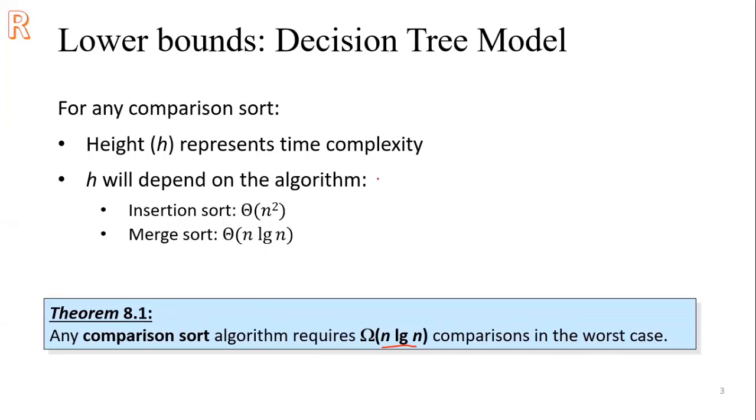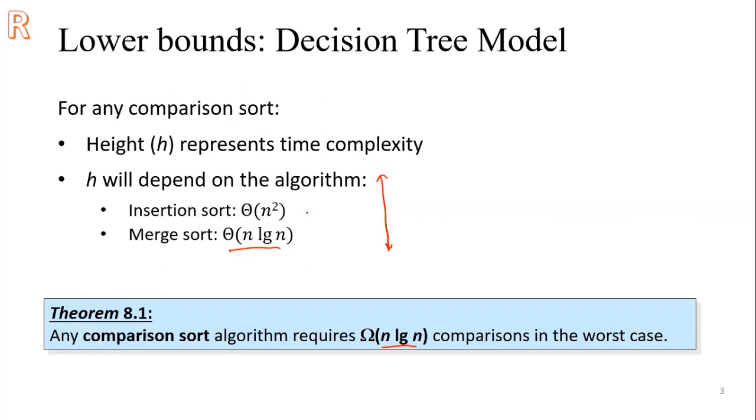And perhaps I didn't explicitly say this in the last lecture, the height of the decision tree model will differ depending on the algorithm that you have. So, for example, in algorithms which have complexity of n log n, the height would be n log n.